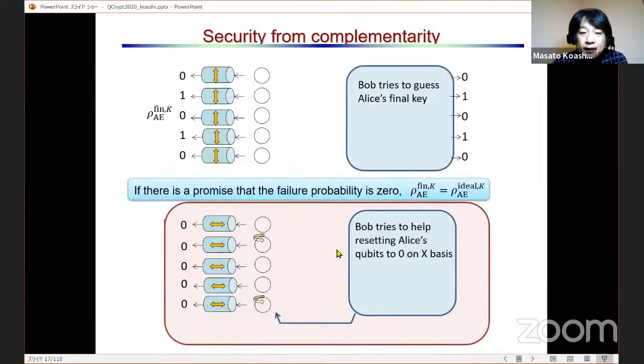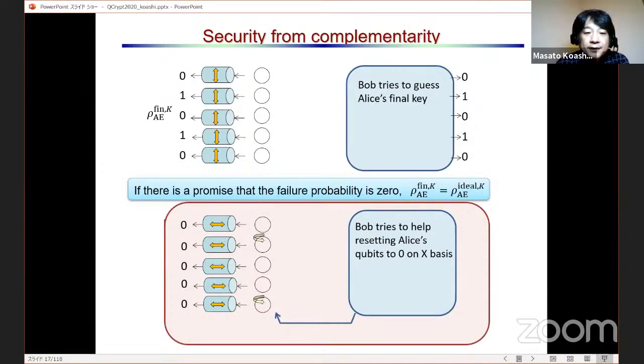So in the real protocol, Bob tries to guess Alice's final key, but we argue that Bob could have tried to help resetting Alice's qubits to 0 on the X basis. And if this can be done perfectly, then this implies that the actual final key here is ideal. It's perfectly secret.